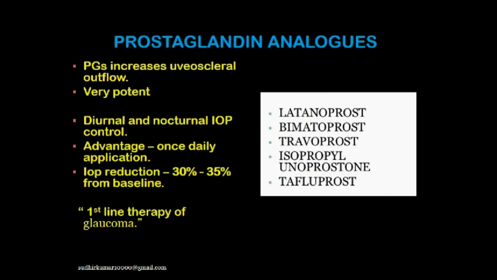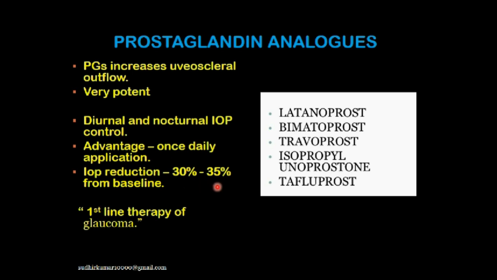Prostaglandin analogs are one of the very important medications used in glaucoma. They decrease intraocular pressure by increasing the uveoscleral outflow, and they are very potent. One more advantage is that they give better control of diurnal and nocturnal IOP variations, and they are used once a day, and total overall IOP reduction is around 30% to 35% from baseline.